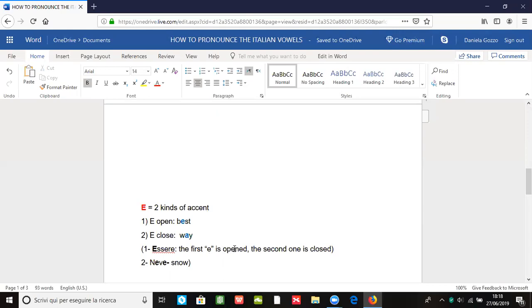Another example with E close is neve, both E are closed. Neve, it's snow.